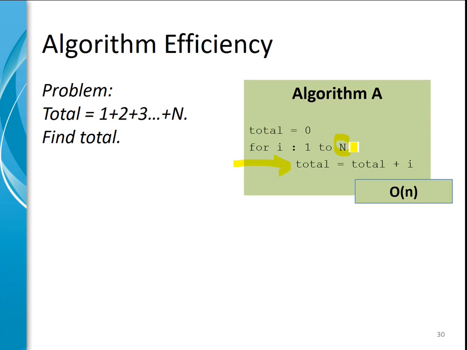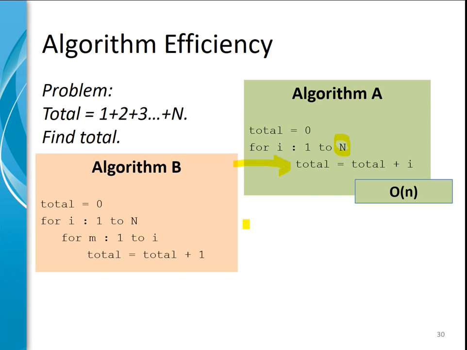So as n is growing larger and larger, the number of steps inside the for loop will grow linearly, right? When you increase n by 1, the number of steps of this for loop increases by 1, right? That is the first consideration. So how about another one?